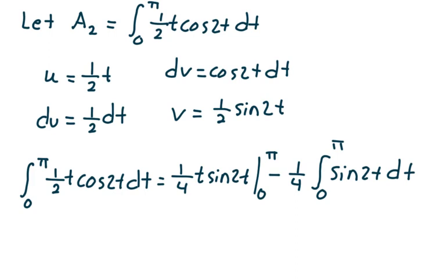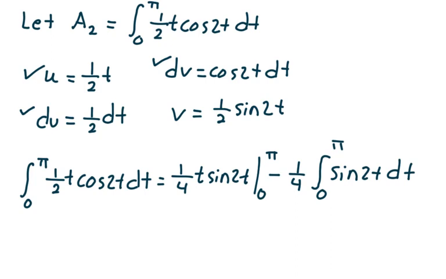So this is classic integration by parts. I'm going to let u equal 1/2 t. du is 1/2 dt. dv is cosine 2t dt. And v is 1/2 sine 2t.